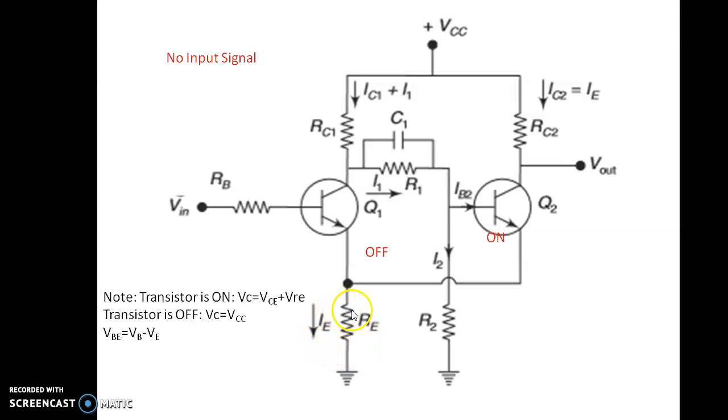As the current IE increases, the cut-in voltage of the transistor Q1 increases, which makes the transistor Q1 off. So at this instant, the collector voltage of Q1 will be VCC and the collector voltage of Q2 will be VCE sat plus VRE, as the transistor Q2 is in the on condition.